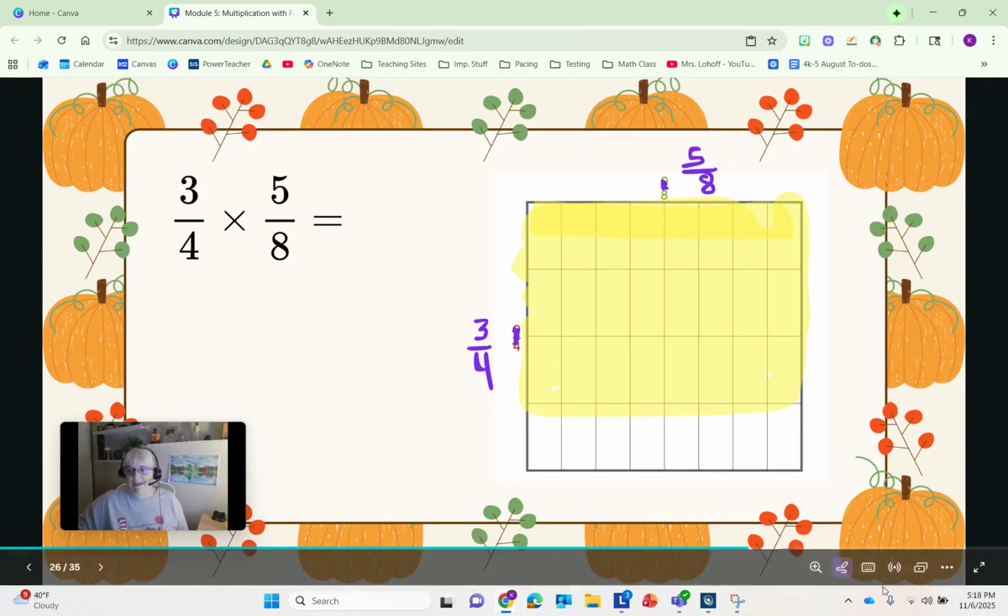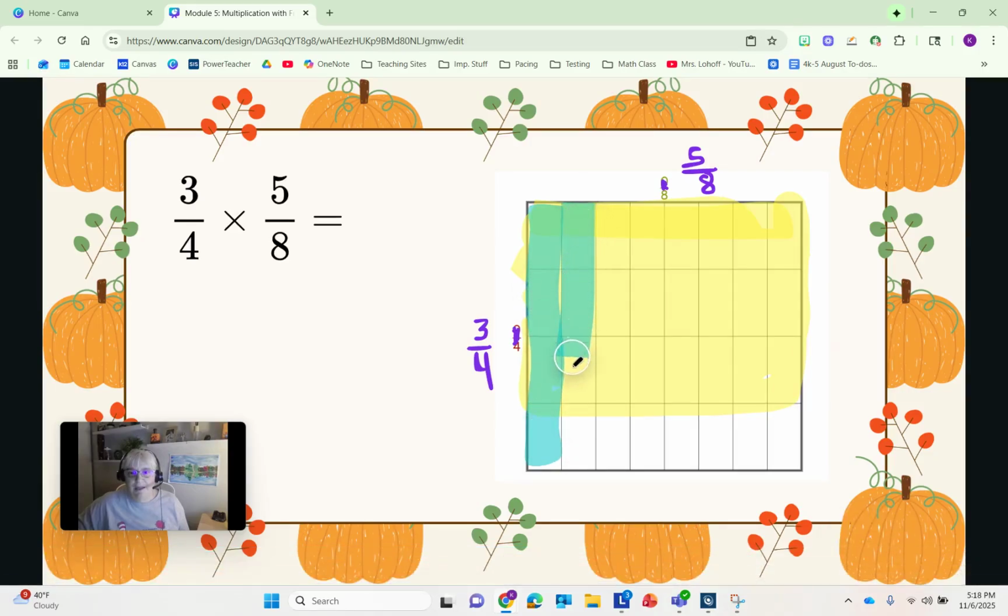So I'm going to come back with a different colored highlighter. Let's use this blue. And we're going to do 5/8. Ooh, that marker just fits in there. There's 1, there's 2, 3, 4, and 5.